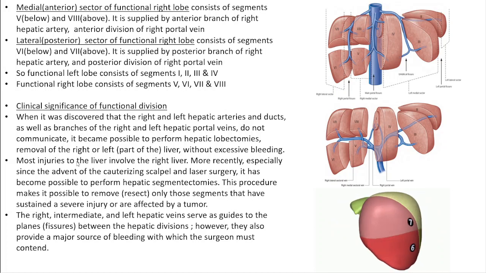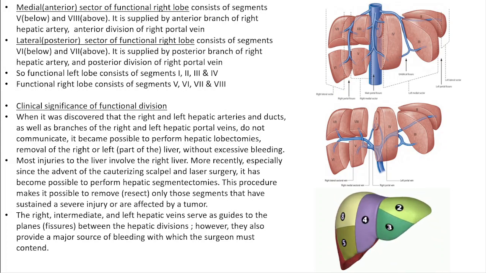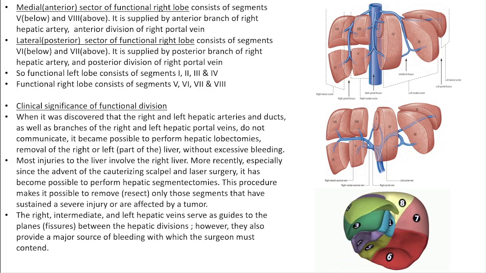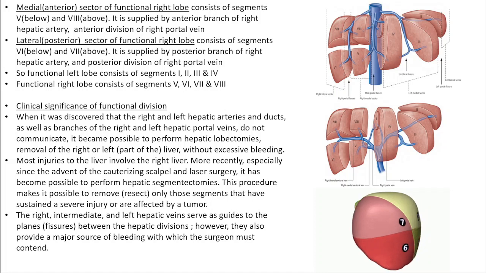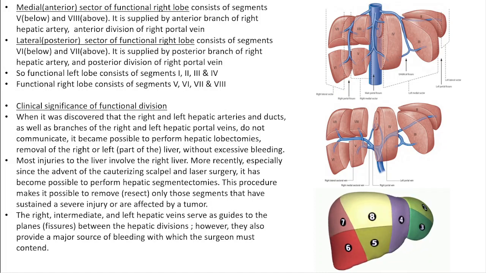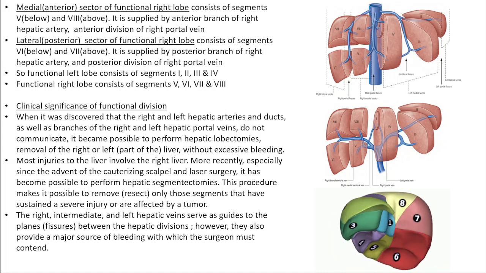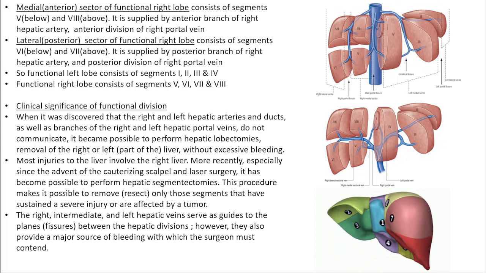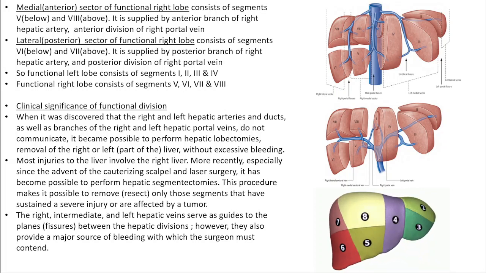Another thing is that most injuries to the liver involve the right liver. Liver is the most commonly injured viscus in blunt abdominal trauma. If there is blunt trauma to the upper right part of the abdomen, there are very great chances that the liver will be damaged.